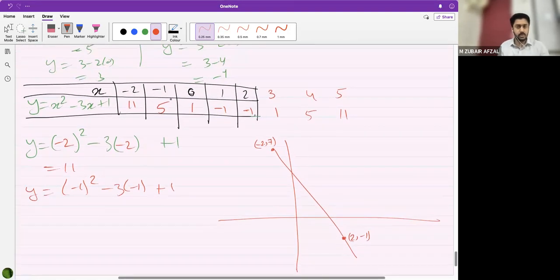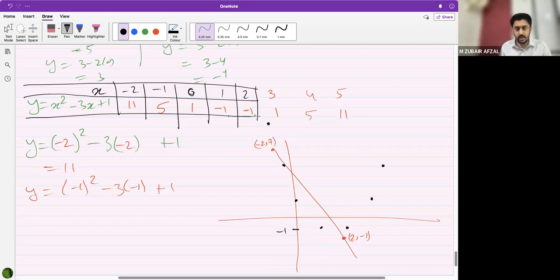So if I now draw these values, x -2, y 11, x -1, y 5, x 0, y 1, x 1, y -1, x 2, y -1. Be careful, both of these values are -1. X 3, y 1, x 4, y 5.